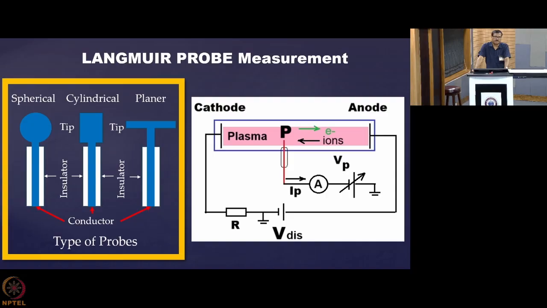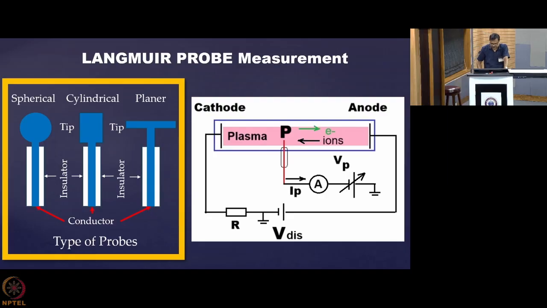So here what you basically address is the electron temperature, and because the gas temperature is very low, you can measure that by a number of methods, including the normal mercury thermometer or thermocouples. So you can get those gas temperature measurements done, but this Langmuir probe measurement is specifically for electron temperature and electron number density.